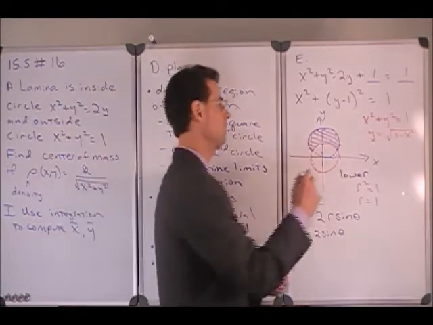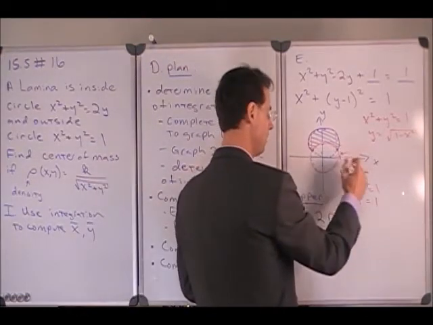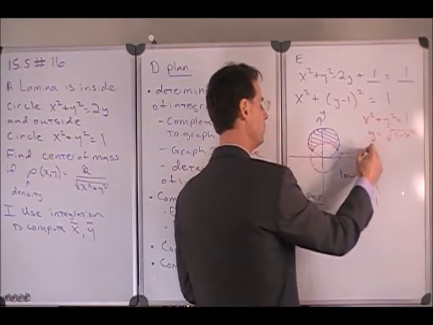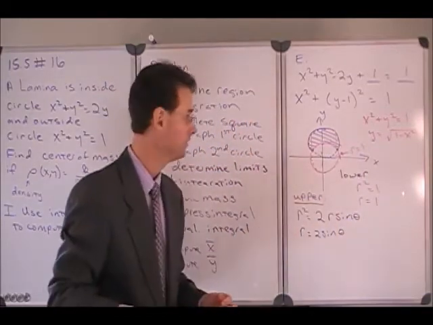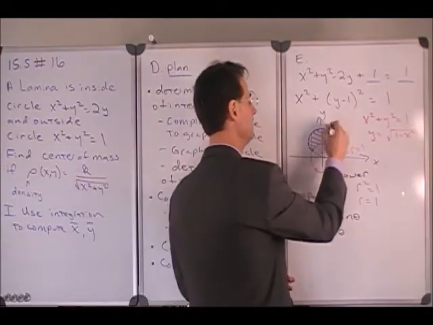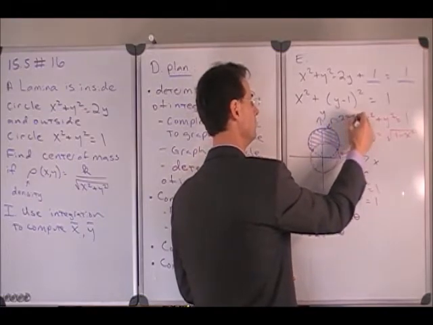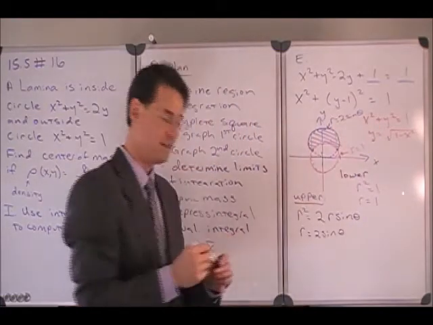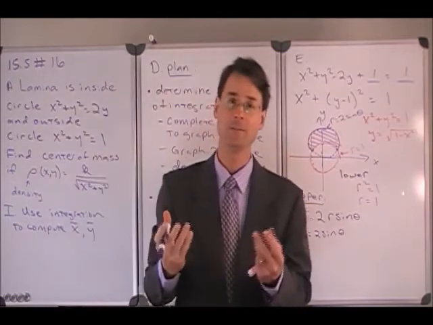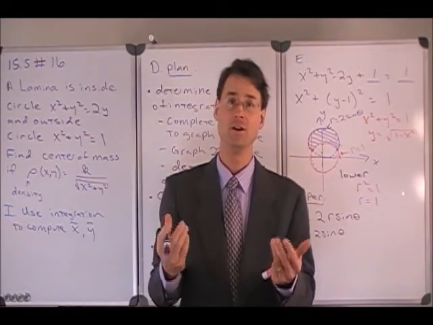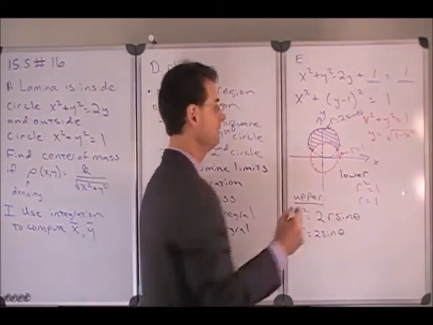So our limits of integration are going to be r min is r equals 1, and r max is going to be r equals 2 sine theta. And now we need to consider the limits of integration for our angle theta.